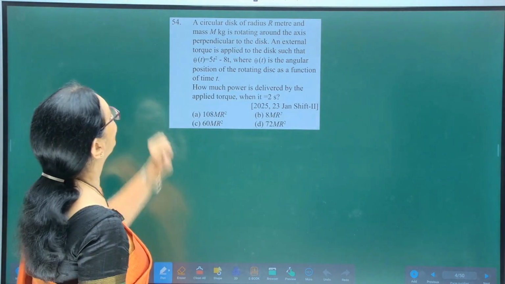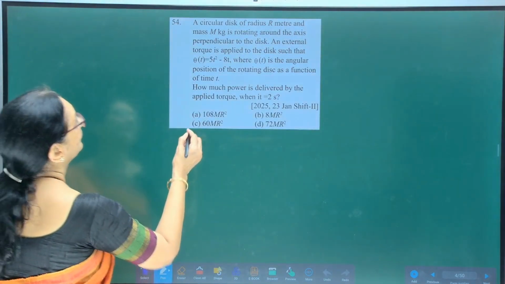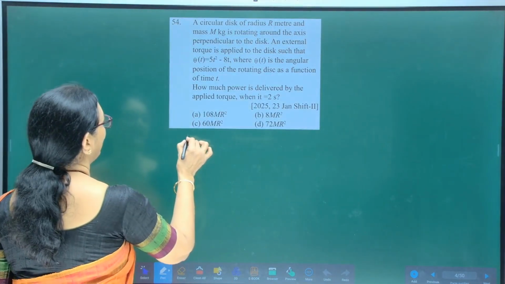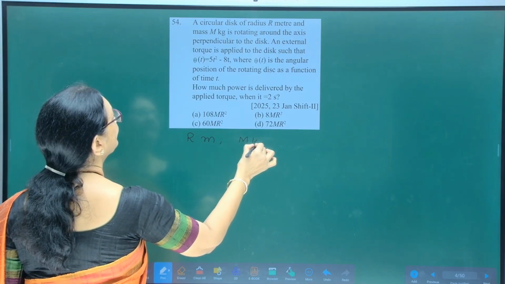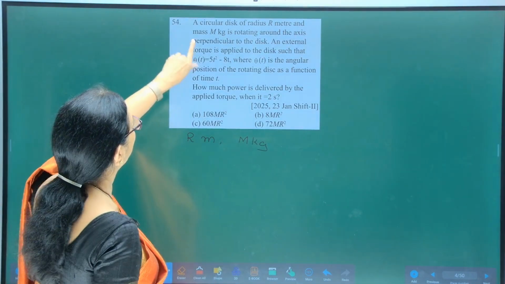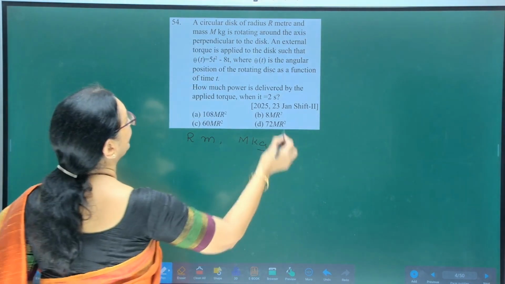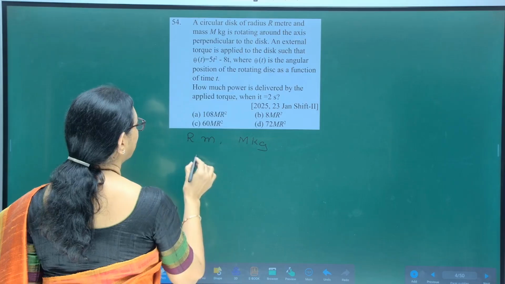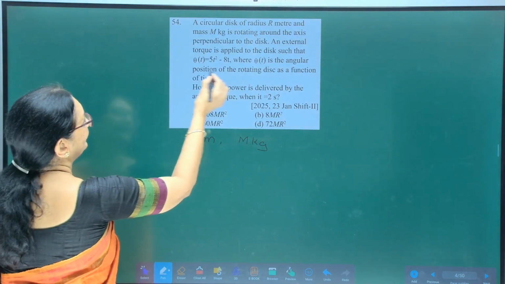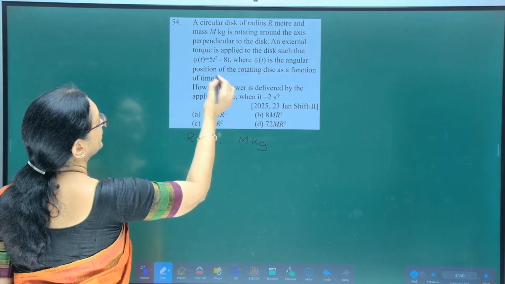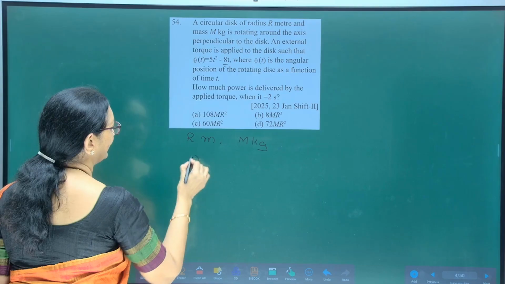A circular disc of radius r meters and mass m kg is rotating about an axis perpendicular to the disc. An external torque is applied on the disc such that theta t, the angular position, varies with time as per that equation.